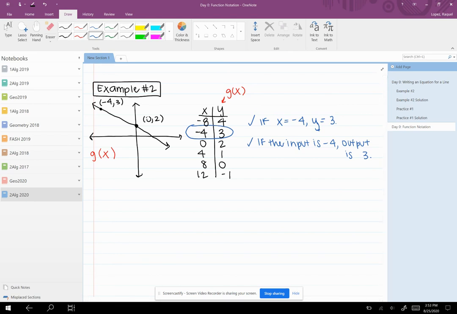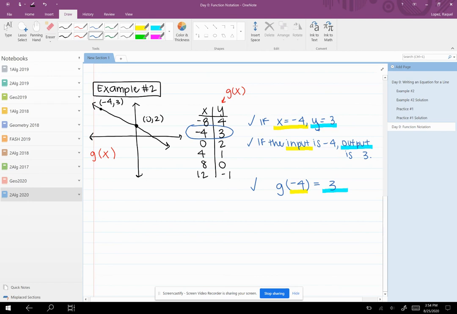Now, if we're using function notation to express this idea, we're going to use the letter G, because that's the name of our new graph, our new function. Take a minute and guess what number you think I'm going to put inside the parentheses. If you said -4, then you're absolutely right. -4 is your x value, which means it's the input, which means it's going inside your parentheses. That means your y value, aka your output, is going to go outside your parentheses.